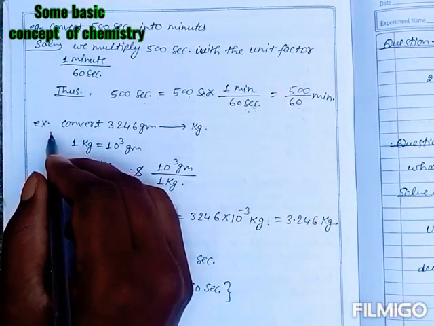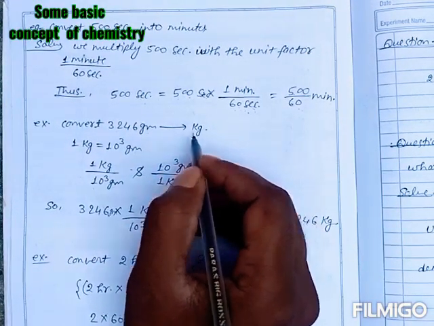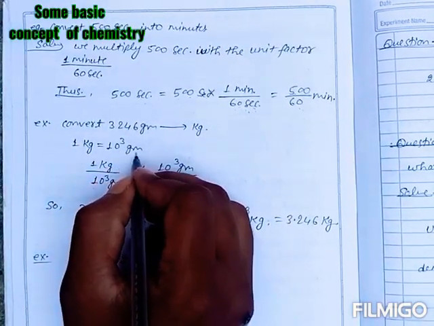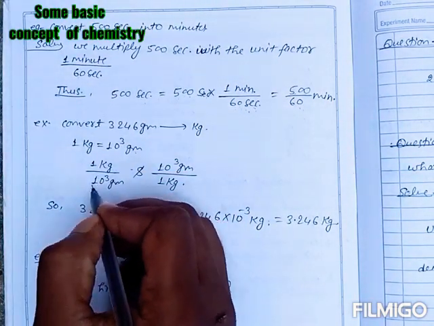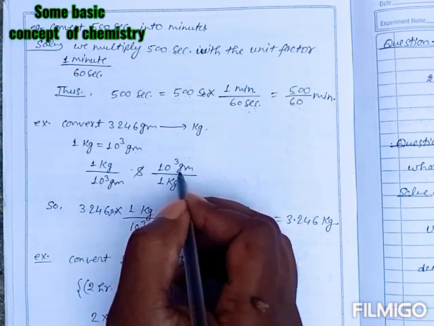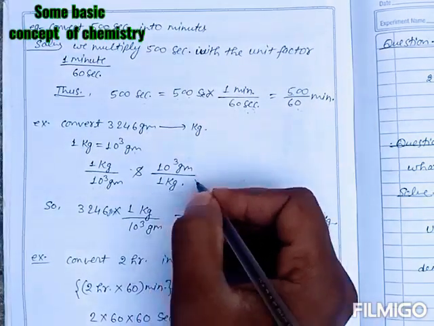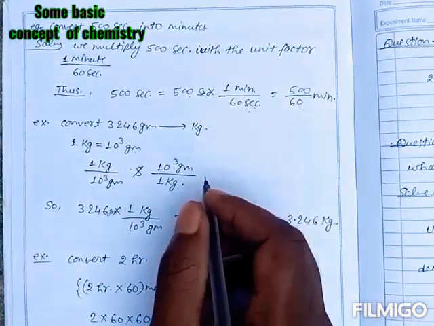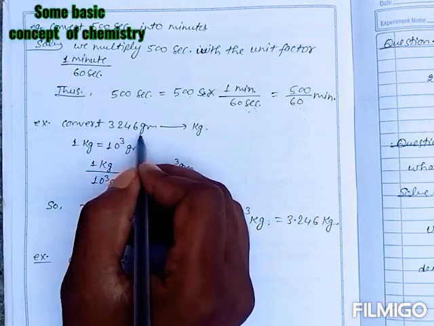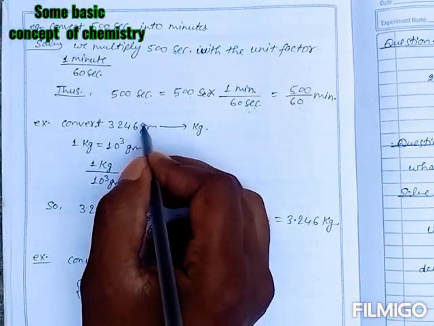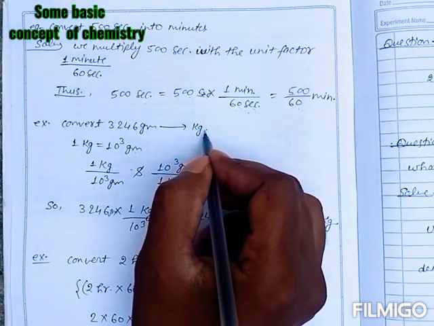Another example, convert 3246 gram into kg. Then 1 kg is equal to 10 power 3 gram. 1 kg divided by 10 power 3 gram, and 10 power 3 gram divided by 1 kg, these are called the unit factor, and they are always equal to 1 and constant. Now we have 3246 gram, which is the smaller unit of weight, and we are going to convert it into kg.